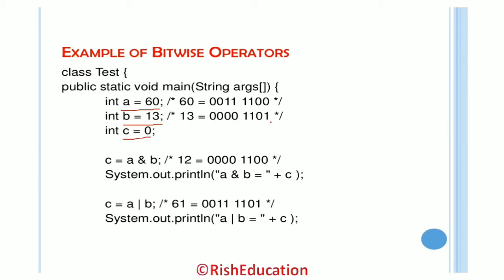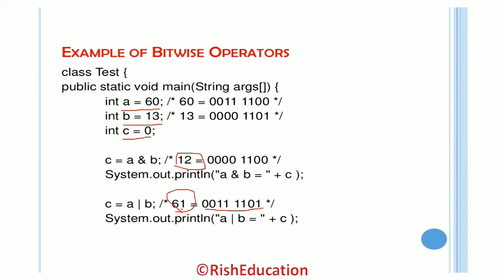Therefore, if we do an AND operation, what is the result? The result is 00001100, that means 12. And if we do the OR operation, then the result is 00111101, that means it will produce 61.